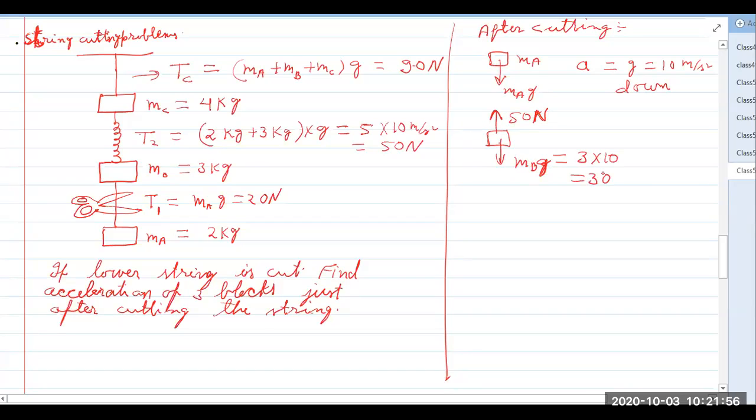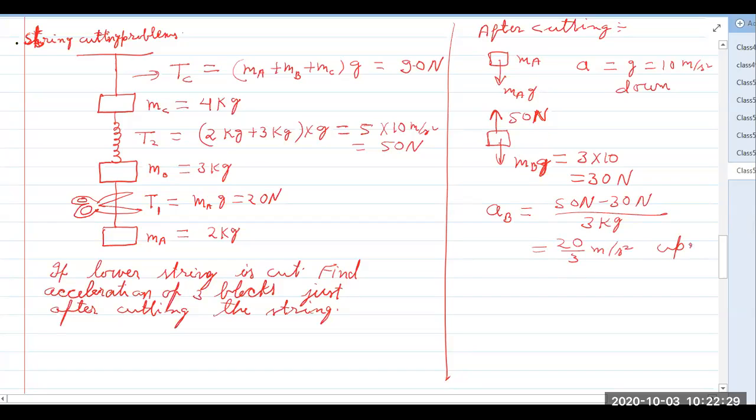So upward tension is still acting, but the downward tension from the string has been cut. So net is 50 minus 30 Newton upward. The acceleration of B will be 50 Newton minus 30 Newton divided by its mass, 3 kg. So it will be 20 by 3 meter per second square up.